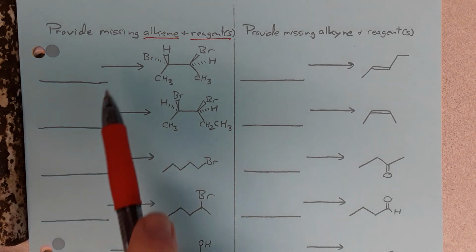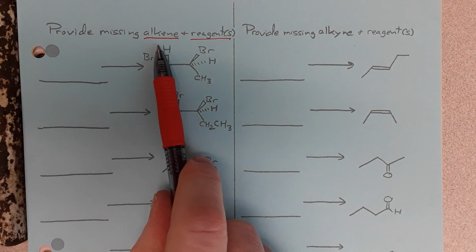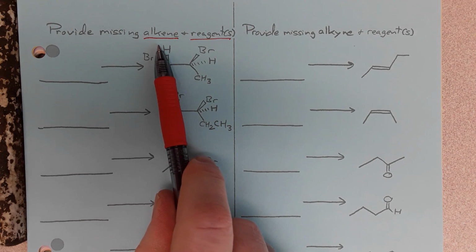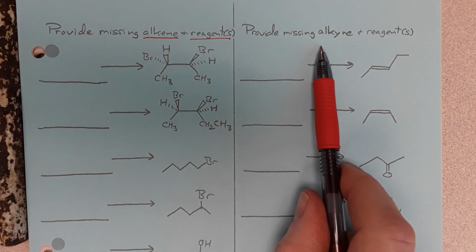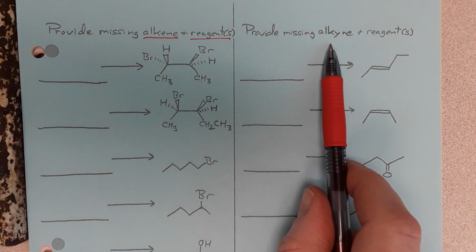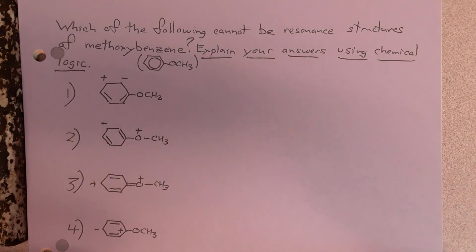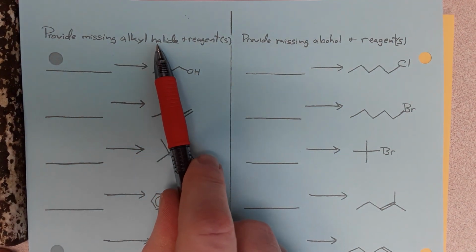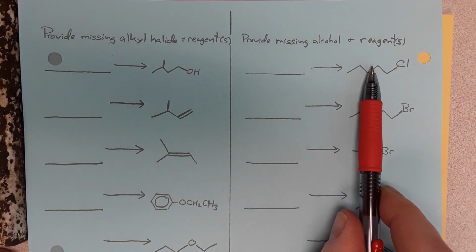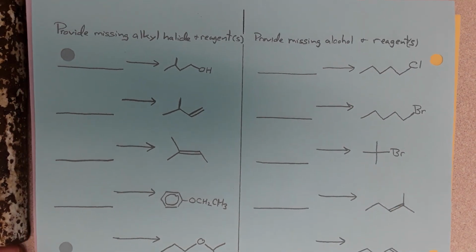So here we have a column of reactions where we're making products from an alkene. Then over here we have a column of reactions where we're making things from an alkyne, either one step or later down two steps. And then on the back side, we are making these things from an alkyl halide, and we are making these products over here from an alcohol.